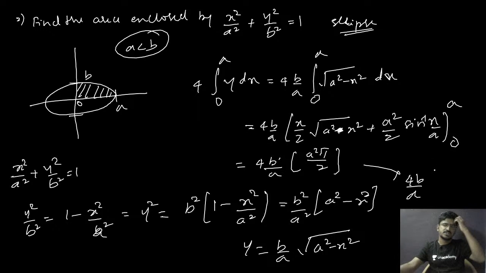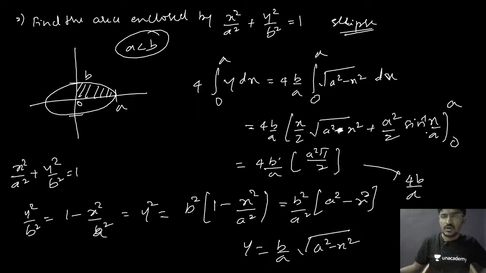You can just see this is a square pi by 2. If you put a, this will be 0. And if you put a here, this is a square by 2, minus, if you put 0, this will be 0. Sine inverse of 0 is 0. So from that, a square by 2 is as it is.